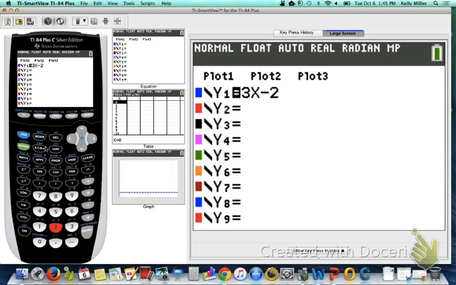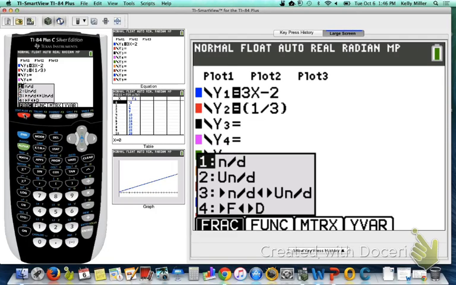And then what was the other one? 1/3 x. If I wanted to do a fraction, me personally, because I grew up with 83 calculators, I used parentheses to show my fractions. On some of the 84s, remember I showed you alpha and then y equals, which gets you that little fraction symbol. If you like that, you can choose to make it a fraction. Either will work.